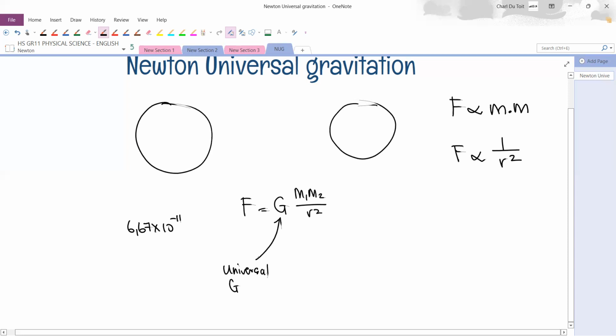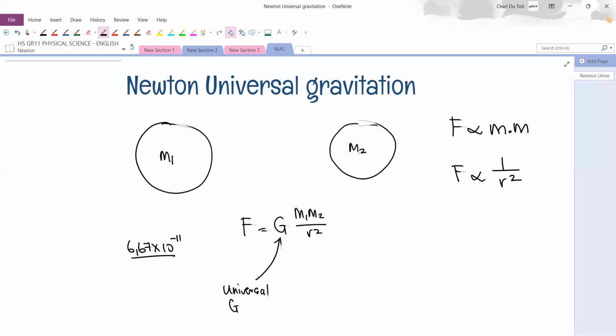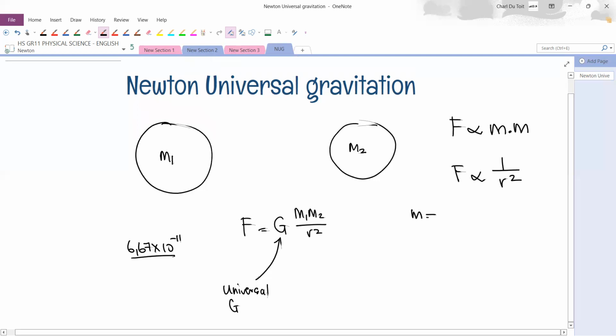So in other words, I can determine the force between those two objects by taking the universal gravitational constant, not a force, rather, and then I multiply it with m1. Let's say m1 is the sun and m2 is the earth. And then I divide it by the distance between them in meters squared. So the mass is in kilograms.